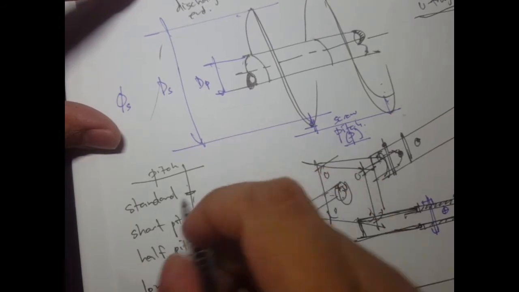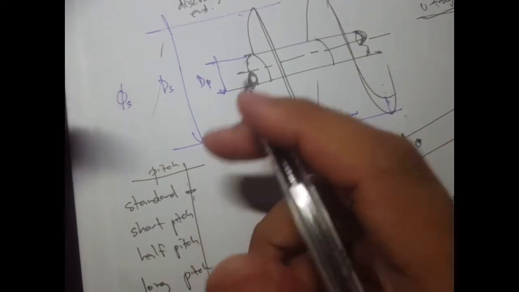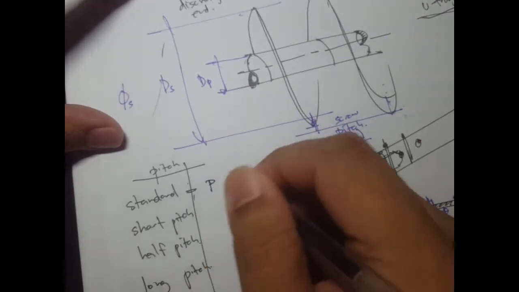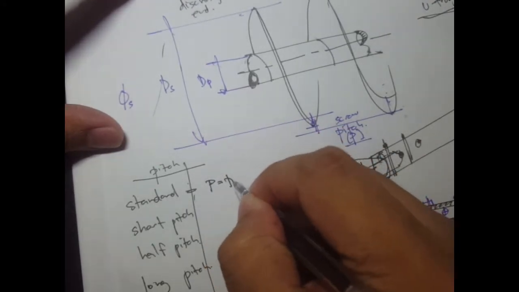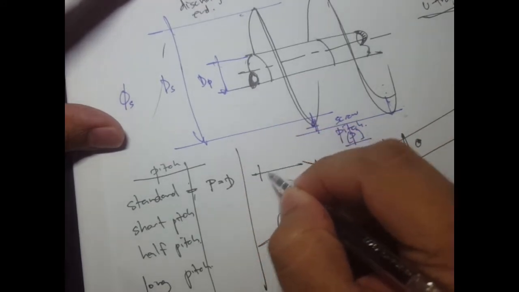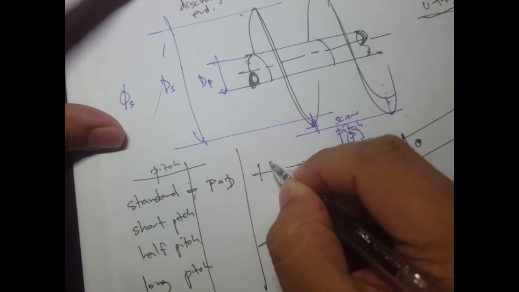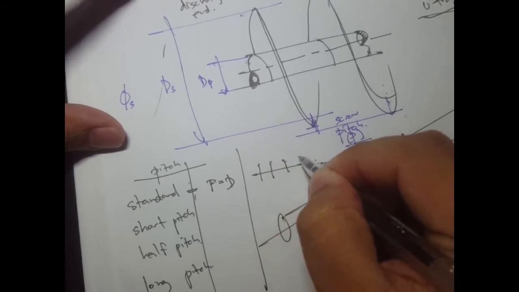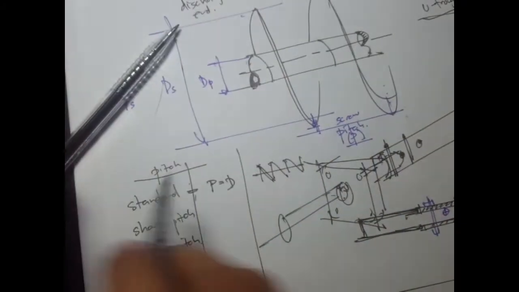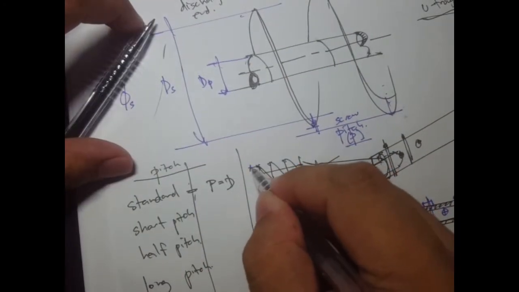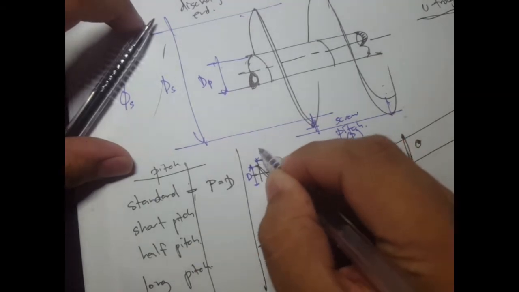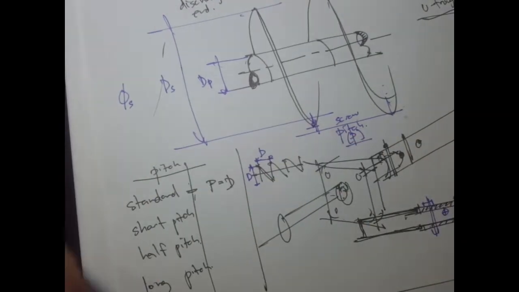When you say standard pitch, it means that the pitch distance is equal to the diameter. So if this is our diameter, then our pitch would be the same distance d.